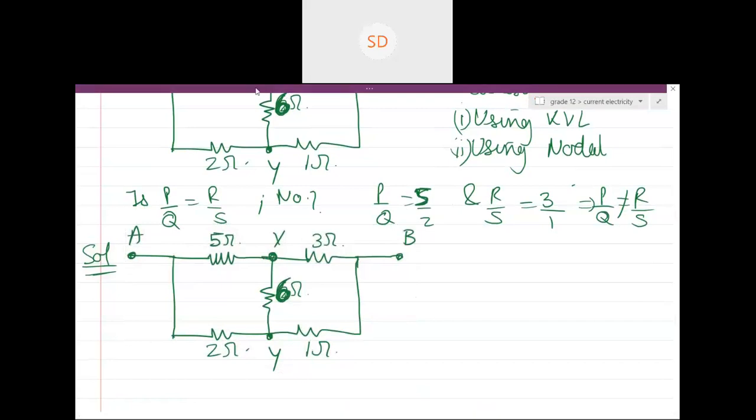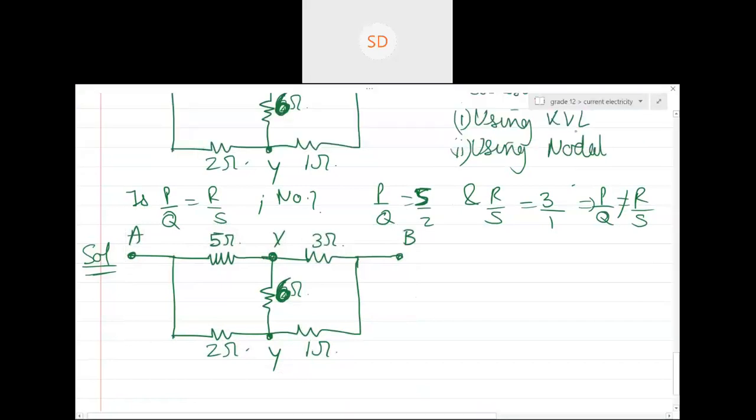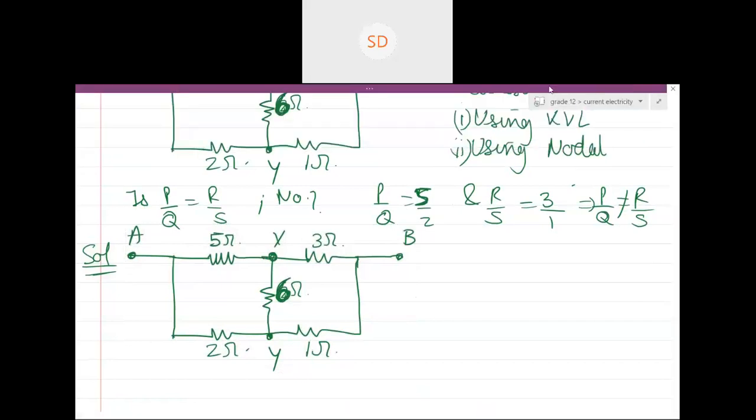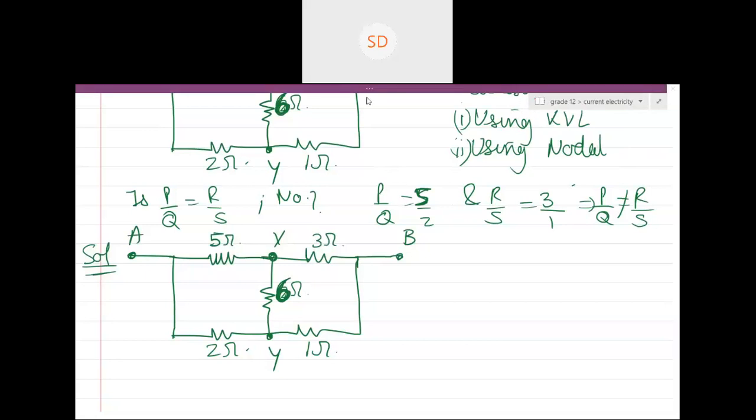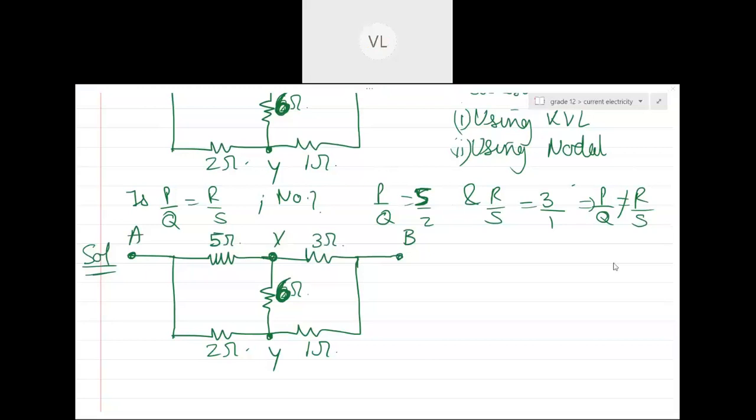So guys, if you are using KVL, who will distribute the current? Guru, can you distribute the current please? Hello? Guys, why do you keep on mute? I told you not to keep on mute. Everyone is on mute. Next time I'll do one thing, I'll not ask any. Simple. Guru, tell me.